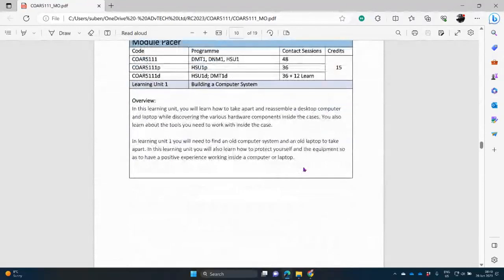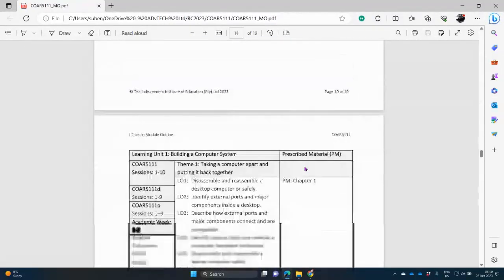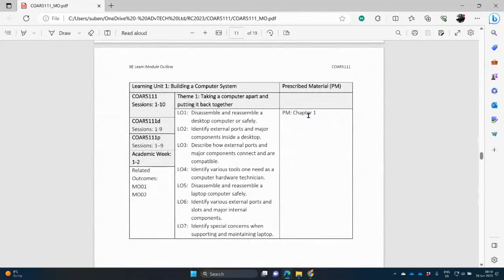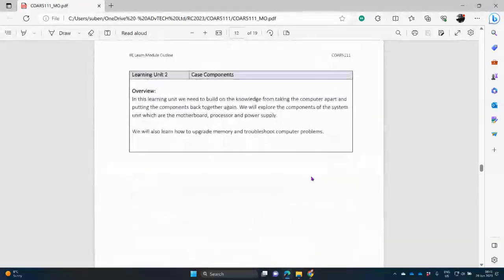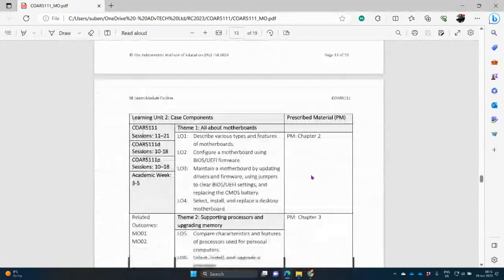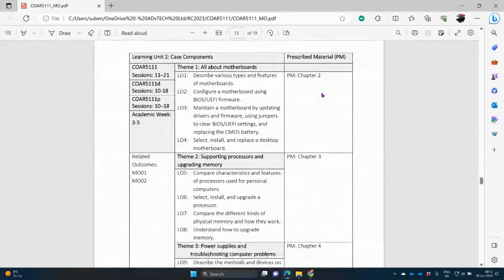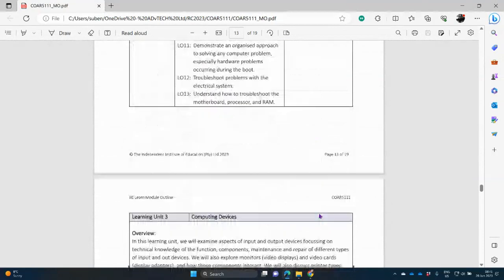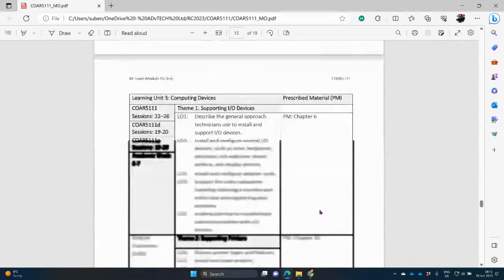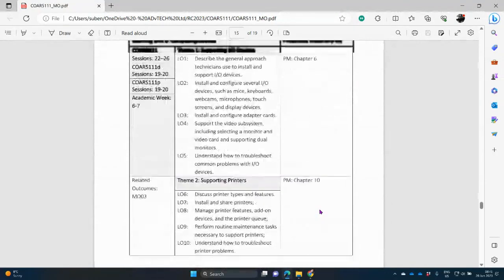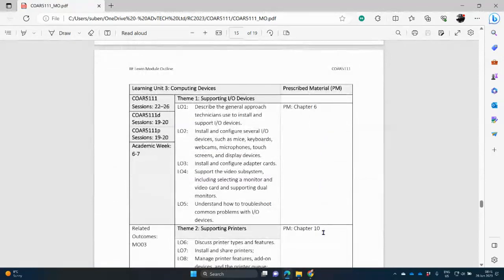Looking at which chapters to go and have a look at, right? Learning Unit 1 covers Chapter 1. Learning Unit 2 covers Chapters 2 and 3, and then also 4. So we've got 1, 2, 3, 4. Learning Unit 3 covers Chapters 6 and 7.